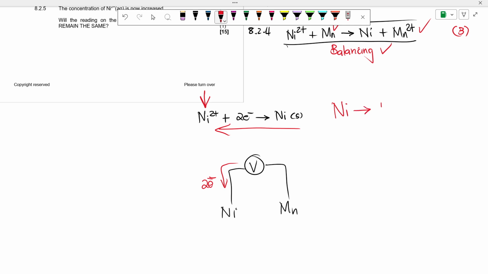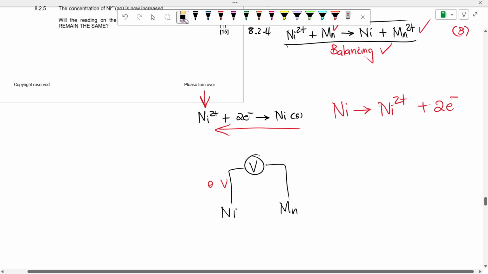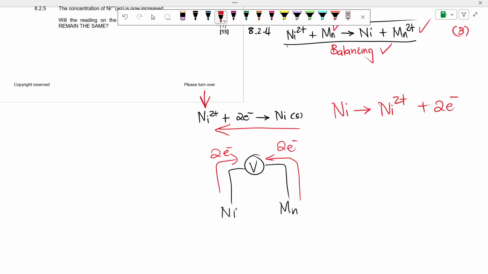Nickel becomes nickel 2 plus 2 electrons. Now nickel, instead of receiving electrons, wants to give away electrons. But Mn also wants to give away electrons. So that's a conflict, and that will make the cell die immediately, because you have two half reactions that are trying to do the same thing. I don't know if that makes sense.